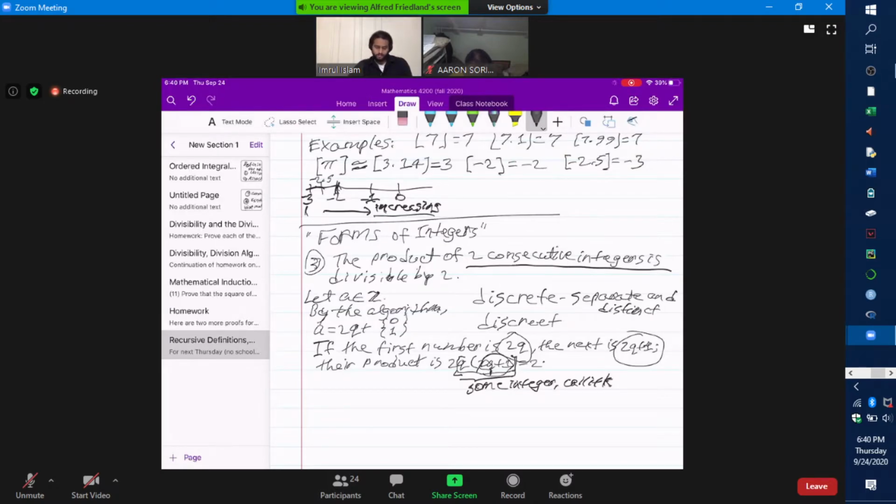And the one after that would be n plus 2. So those are consecutive integers: n plus 1, n plus 2, if you have a fourth one, n plus 3, and so on.